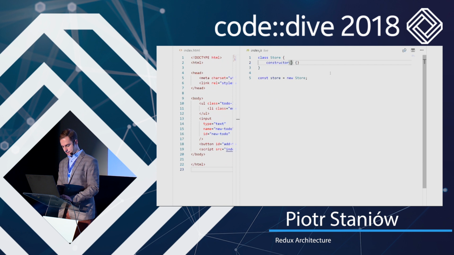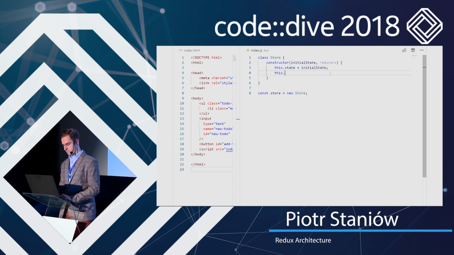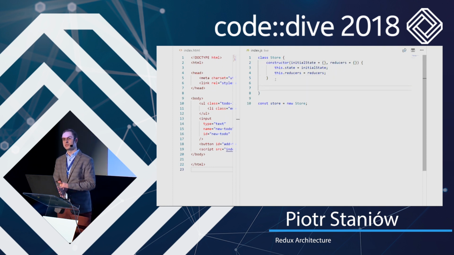So let me begin with saying that we have some initial state and reducers. And we'd like to store them. That was an easy one. We may also say that if user is not providing us those, they are simply empty hash maps. Okay, that was an easy one.